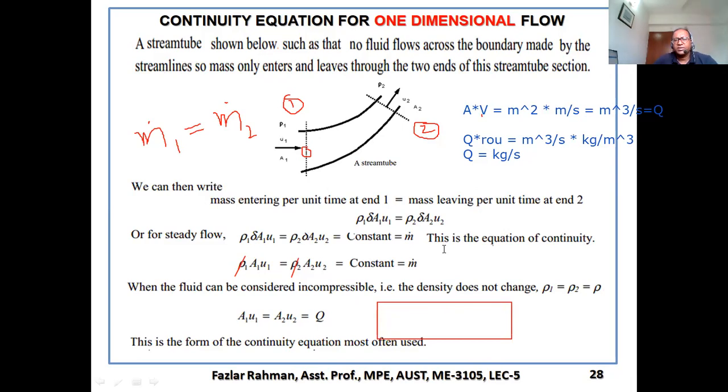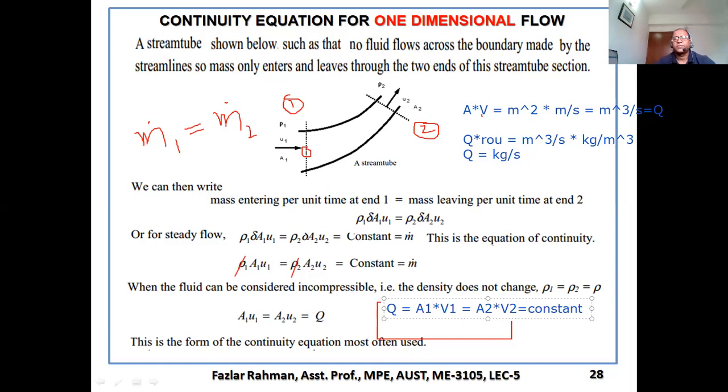Sometimes we write it this way: Q equals the area at section 1 multiplied by the velocity at section 1, which equals the area at section 2 multiplied by the velocity at location 2, and this equals a constant.